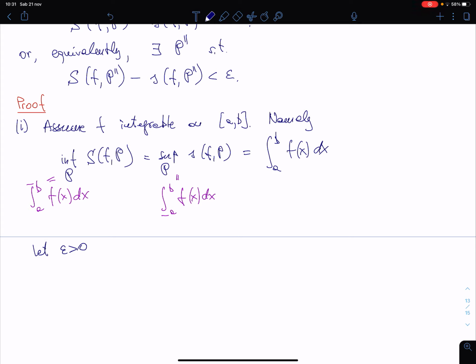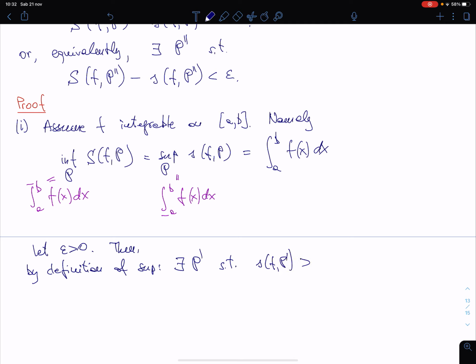So by definition of supremum, we have that there exists a partition P prime such that the lower sum of f, P prime is larger than the sup of all lower sums, which is the integral, taken back by epsilon over 2.